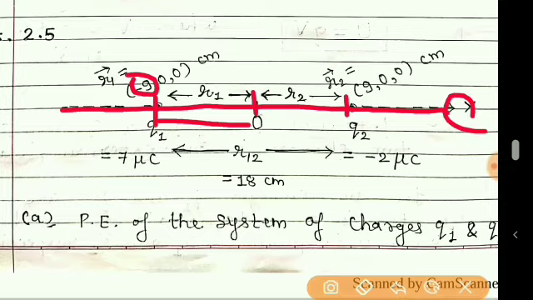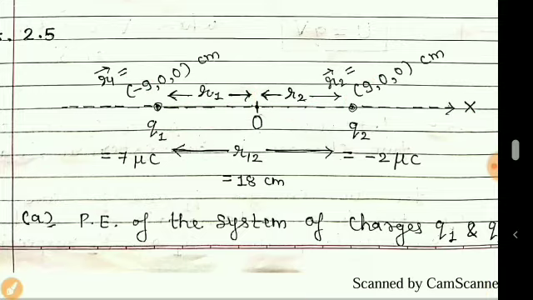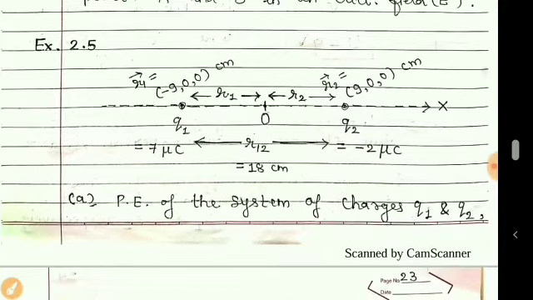From point O, the distance towards charge Q is also 9, and hence the total distance between the two charged particles will be 9 plus 9, meaning 18 centimeter. So I hope, students, you are getting this figure properly. Now we will start the questions asked in this example.